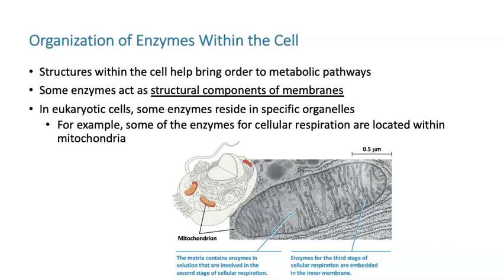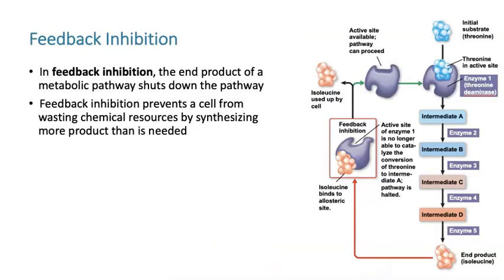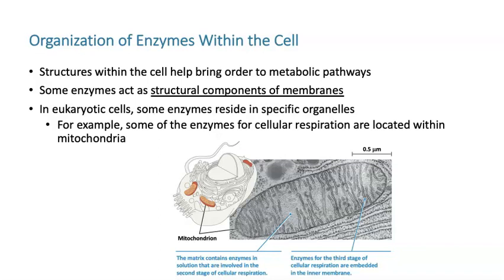The last concept that we have for our enzymes and thinking about metabolism in general is that there are structures in the cell that help bring order and organization to metabolic pathways. If we go back to this metabolic pathway, we can see that we need the coordination of 5 enzymes. How do we manage that?